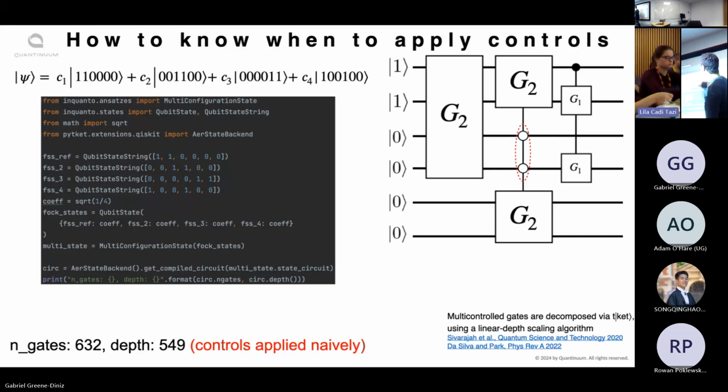So for mixing in the third determinant, we're going to consider mixing this with this. That means we need a double excitation from here to here, and that's what this is. This decomposed, or delocalized, G2 just means it's a Givens rotation G2 box applied now to these 4 qubits rather than these.